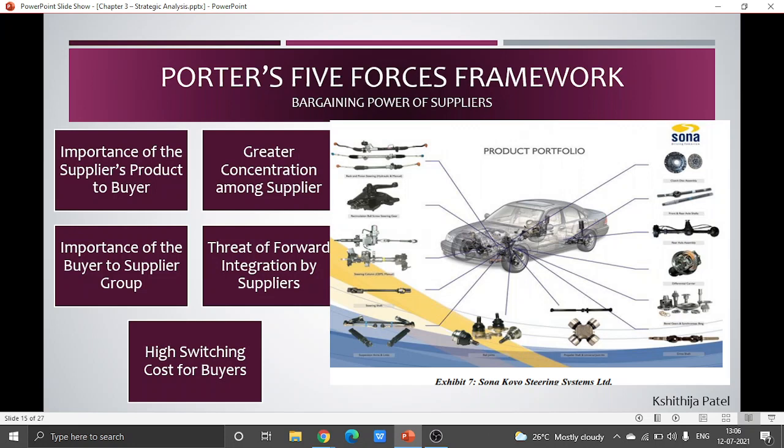Its customers largely include all major vehicle manufacturers in India, such as Maruti Suzuki, Toyota, Hyundai, Tata Motors, Mahindra and Mahindra, General Motors, and Mahindra Renault. Steering being a specialist component for the automobile industry, and Sona Koyo being a manufacturer of high quality precision steering, enables Sona Koyo to hold a high command as a supplier in the industry.